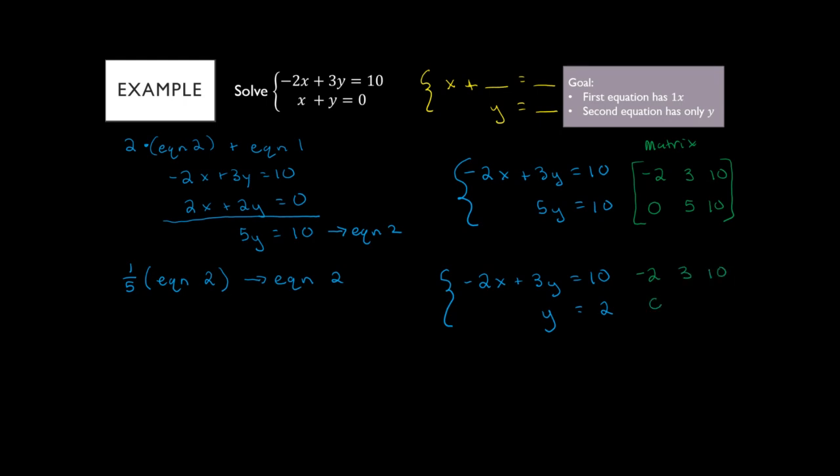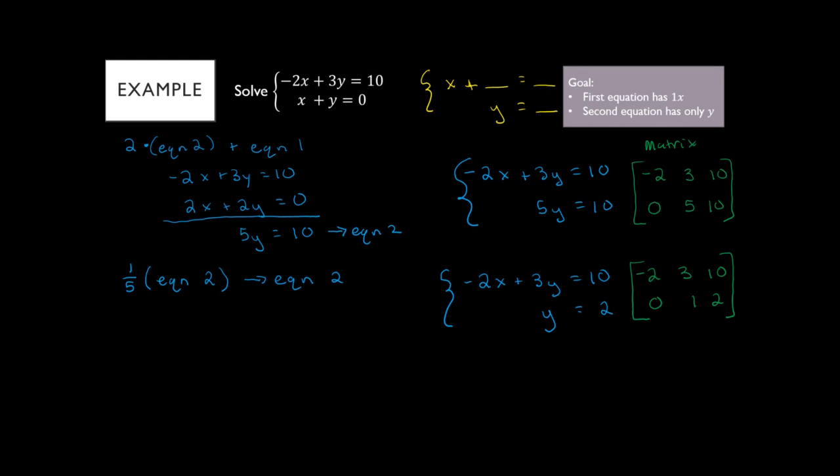What's really nice with the matrix is that you're just multiplying the numbers. You multiply every number in that second row by 1/5, and that gets you the new row. So now we have our bottom row in the correct form.